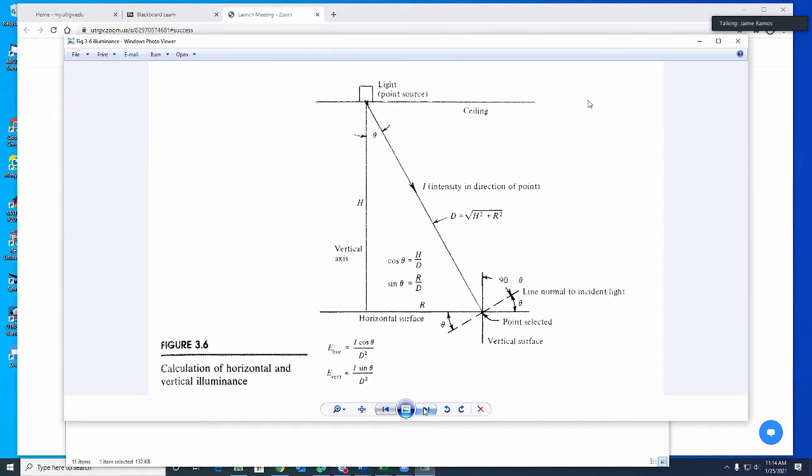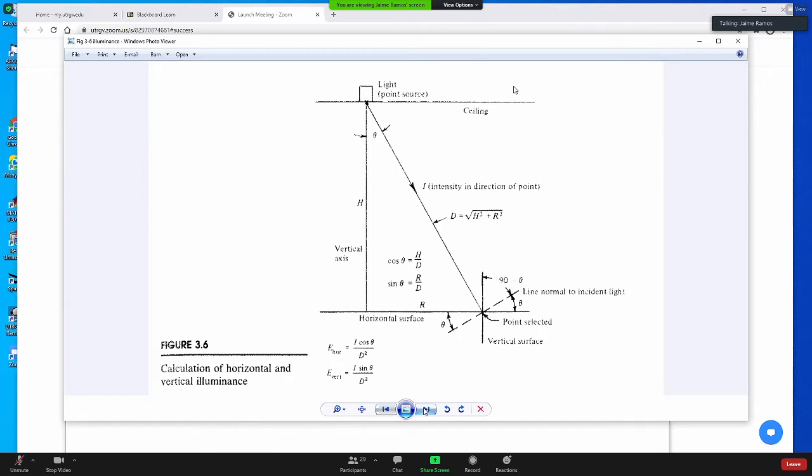And now we have the horizontal with the cosine. So that's the flux through the horizontal surface at the bottom. But then there is also a vertical surface, which is shown at the right.